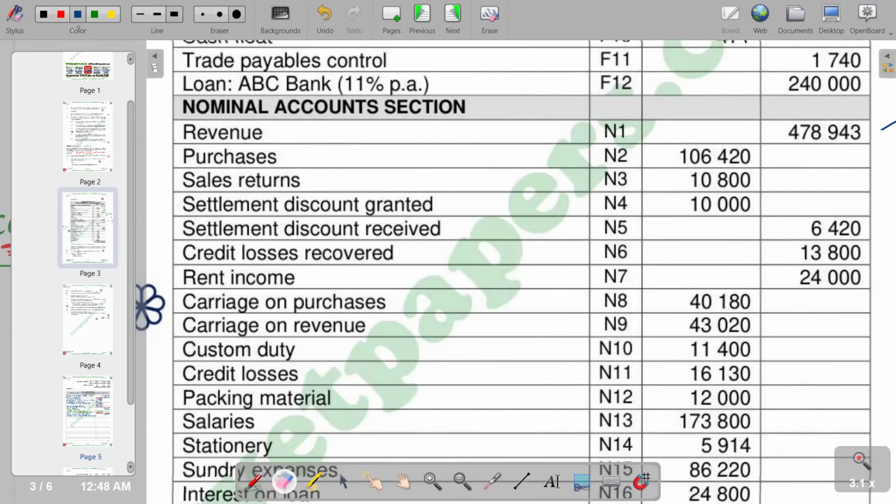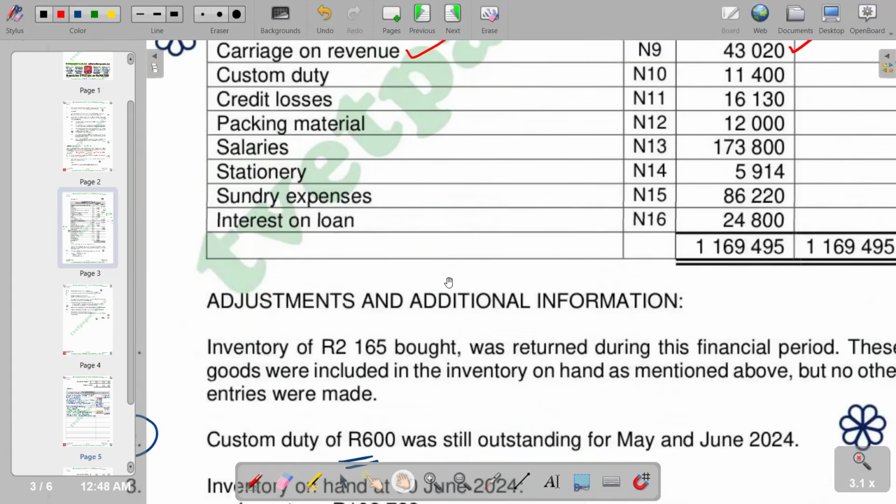So you can see that from the beginning of the nominal account section going down, the first that we can see is carriage on revenue, which is 43,020. But of course, we need to go to external information to check anything that is affecting our carriage on revenue.